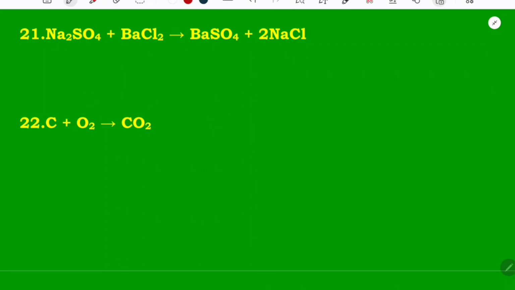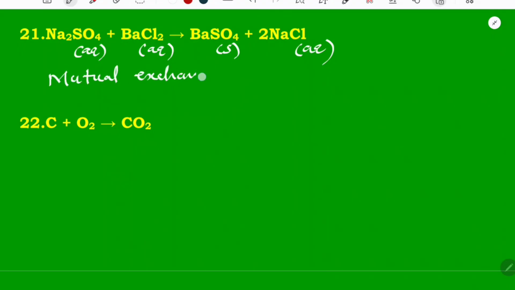Now the equation is also balanced. By seeing aqueous, solid, aqueous, we can easily say that simple mutual exchange of ions takes place.